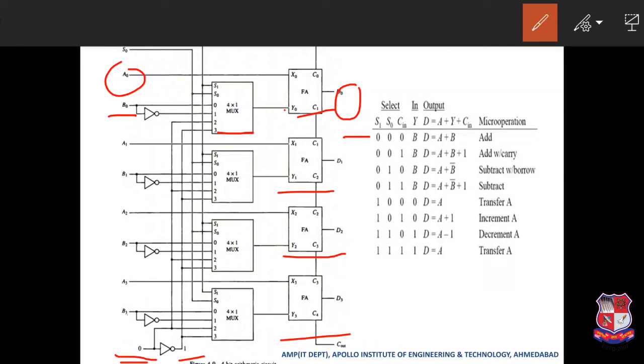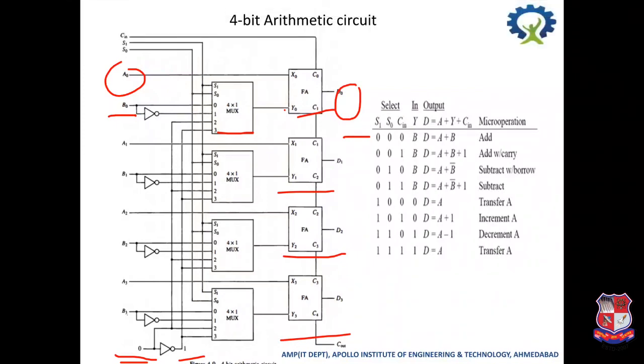So whenever all these lines are 0, the addition operation will be performed, meaning A plus B. A is directly connected to the full adder, and whenever S1 S0 is 0 0, the 0th input line will be selected. On the 0th input line, B is directly connected to the multiplexer, so Y is equal to B. So that's why A plus B is the output of our full adder.